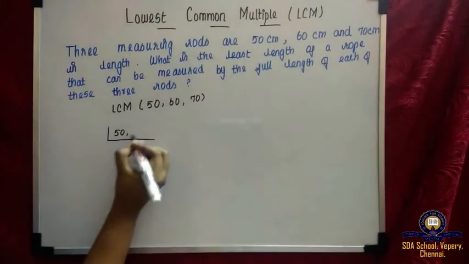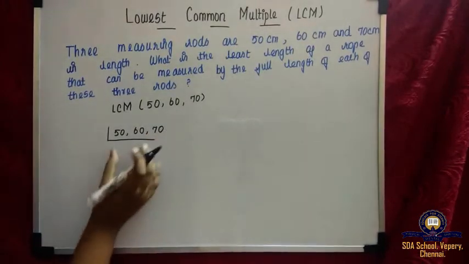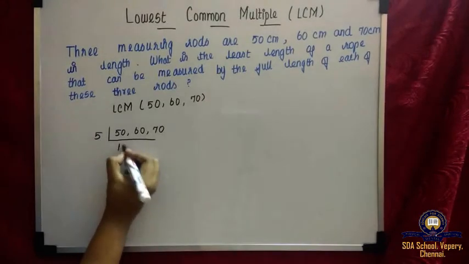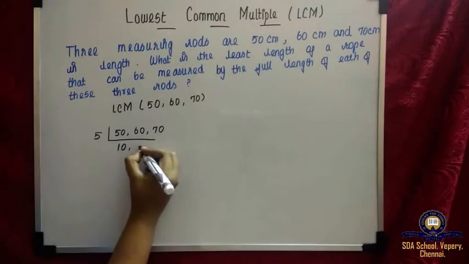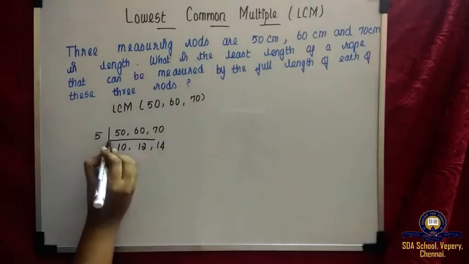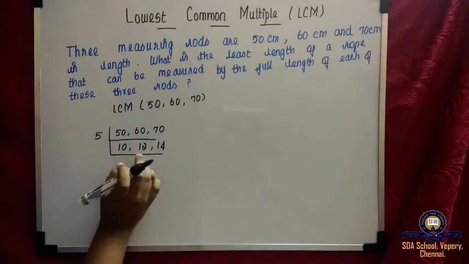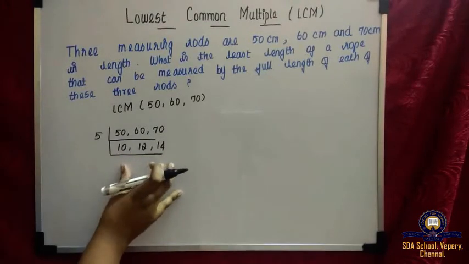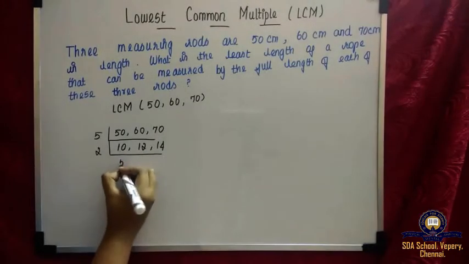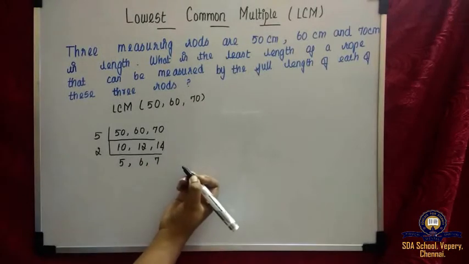50, 60, 70. So the common factor here is 5. 5 10s are 50, 5 12s are 60, 5 14s are 70. 10, 12 and 14 have the common factor 2, right? 2 5s are 10, 2 6s are 12, 2 7s are 14.